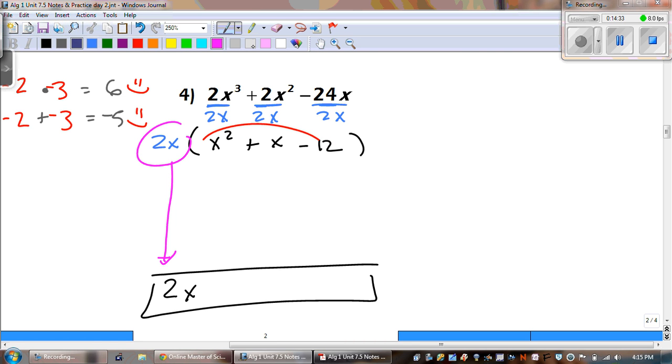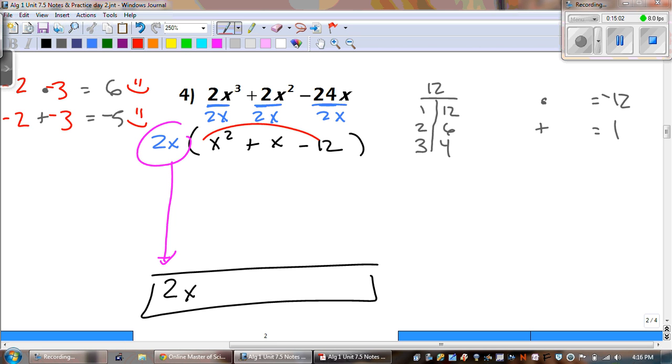And now we're looking for the numbers that multiply to get to 12. So the factors of 12 are 1 and 12, 2 and 6, 3 and 4. So out of those numbers, which ones multiply to get to negative 12, but add up to get to 1?